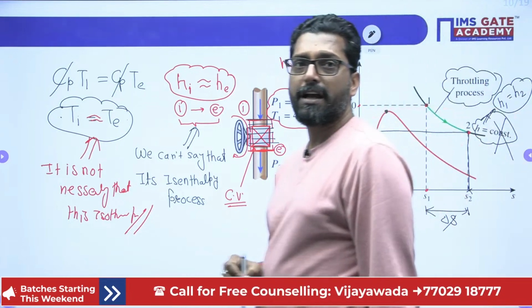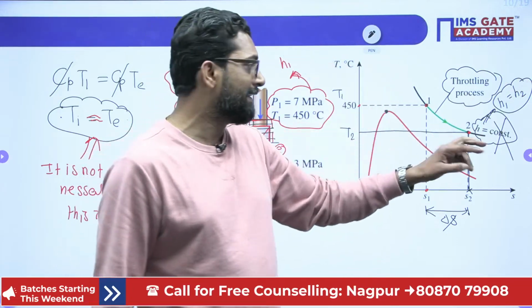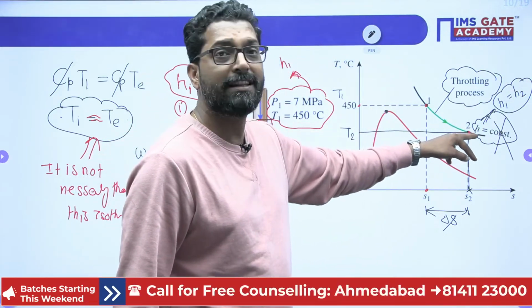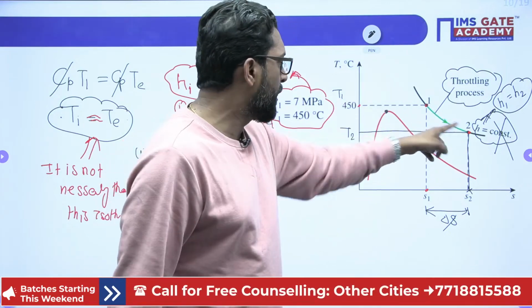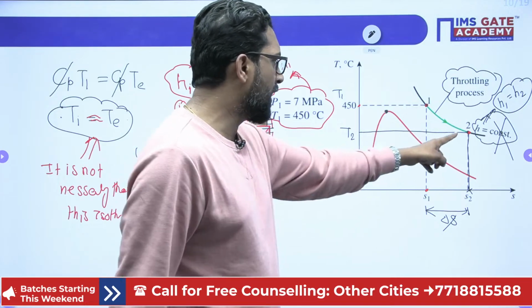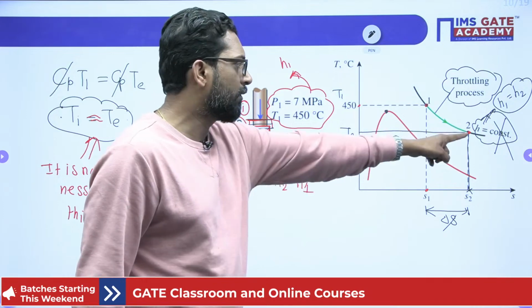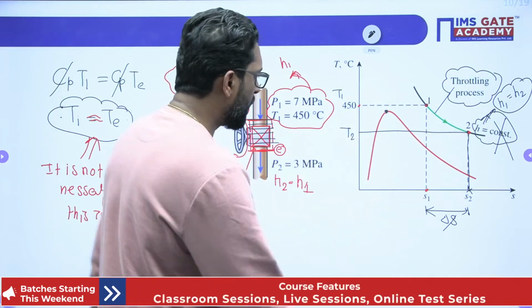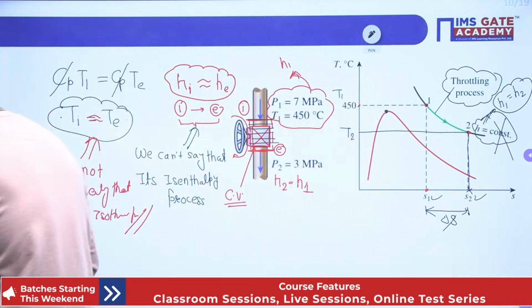H1 equals H2. We only have to find the property at point 2 with the help of H1. We require two properties: one property is the temperature, the pressure we have, and for the other property, we take the same enthalpy as H1. From that you identify H2, and from that you get S1 and S2.